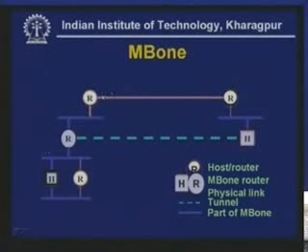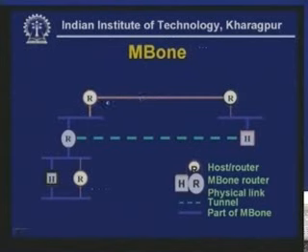Then these routers run a multicasting protocol between themselves, but in between there is a cloud of routers which are not supporting multicasting. So it will tunnel through this cloud to the next multicast supporting router. This is the picture of the MBone.